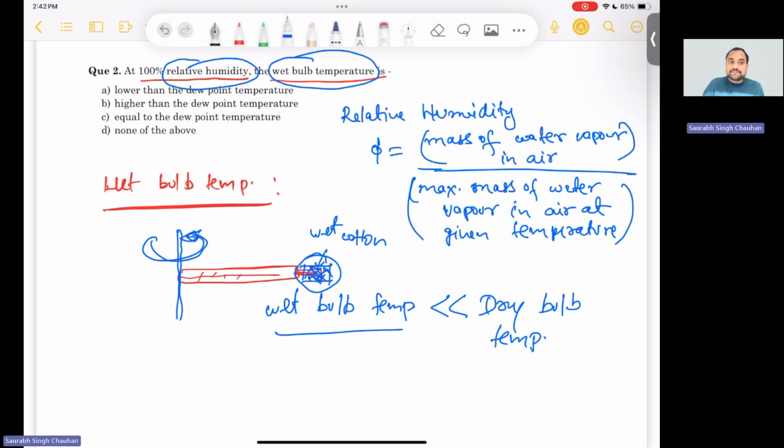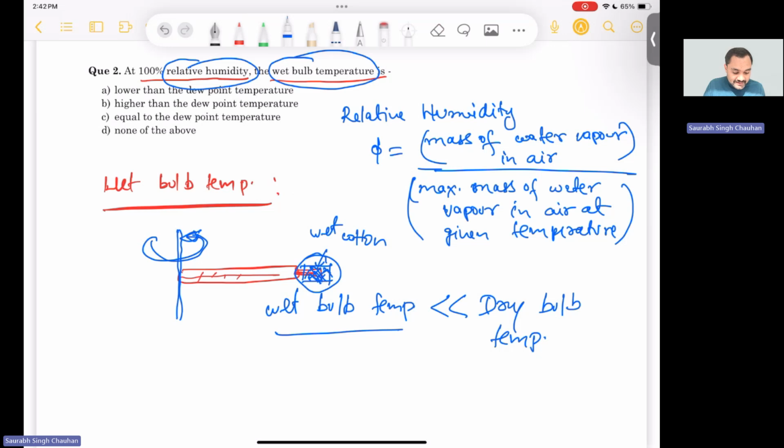But if the relative humidity is 100%, then there will be no evaporation, because already the maximum water vapor is present in the air. You cannot add more water vapor into the air, so there will be no evaporation, and hence no cooling. So the wet bulb temperature will be equal to the dry bulb temperature.